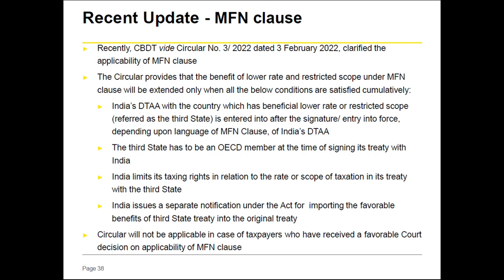The third state has to be an OECD member at the time of signing its treaty with India. India limits its taxing right in relation to the rate or scope of taxation in its treaty. India issues a separate notification under the Act for importing the favorable benefit of the third state treaty into the original treaty. If the country satisfies all four cumulative conditions, it can have the most favored nation clause.